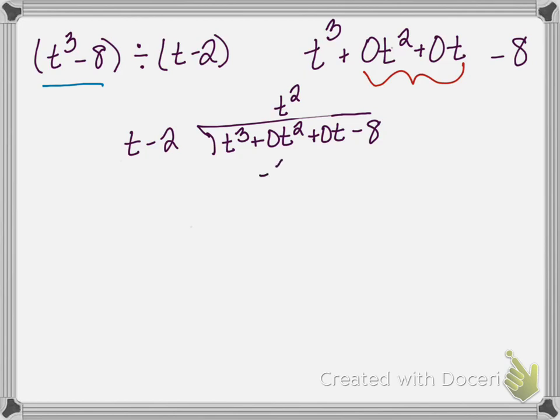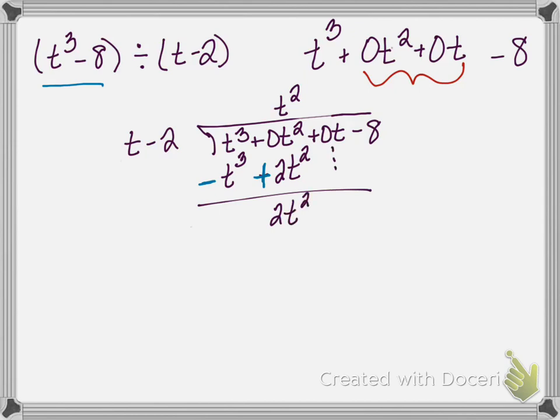That gives me negative 2t squared. t squared times t gives me t to the third. I'm subtracting, so I have to change both of those signs. I'm going to have a minus right here. This minus becomes a plus. t to the third minus t to the third is gone. I get 0. 0t squared plus 2t squared is 2t squared.